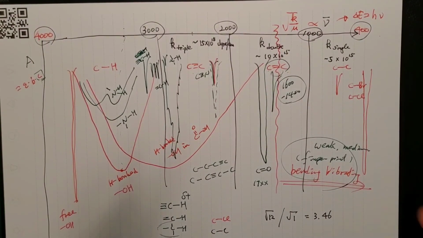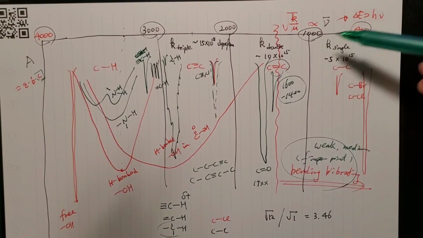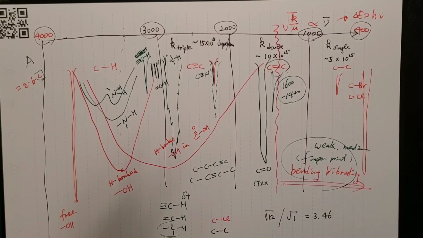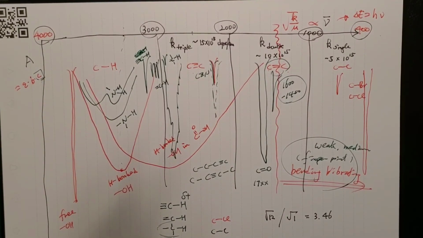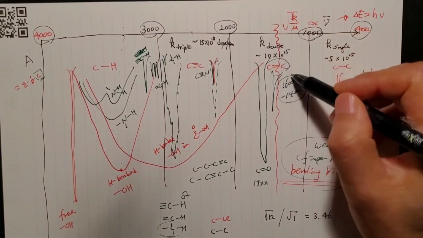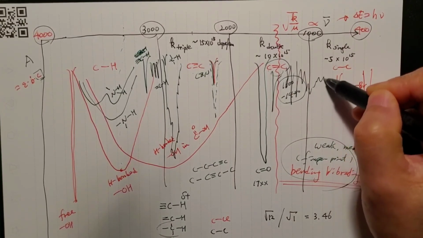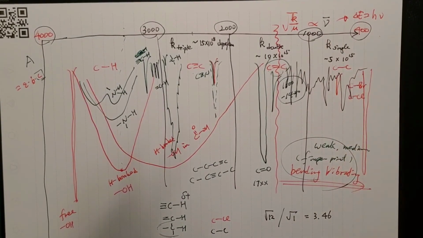Okay, for the last box, for the single bonds, we don't trust this area, and only a few single bonds are strong enough to show over the bending vibrations. The bending vibrations I can mimic like this, sharp, something like this.